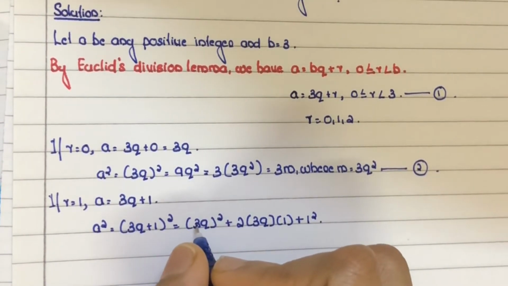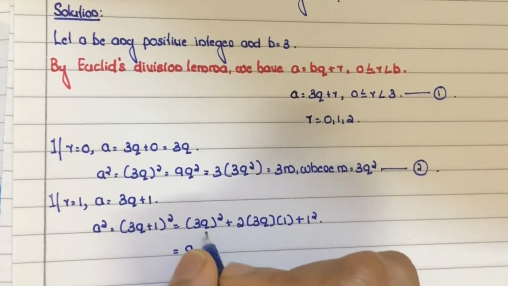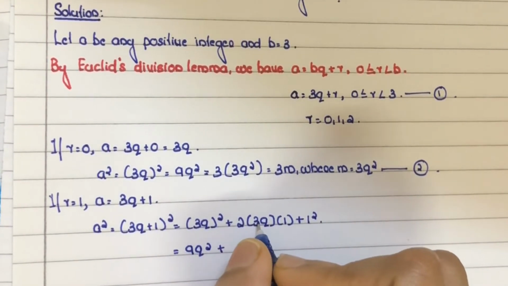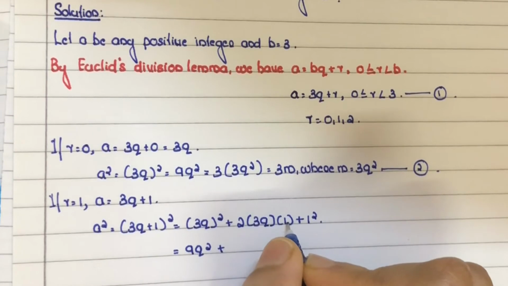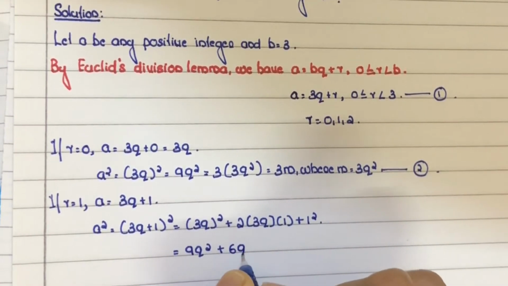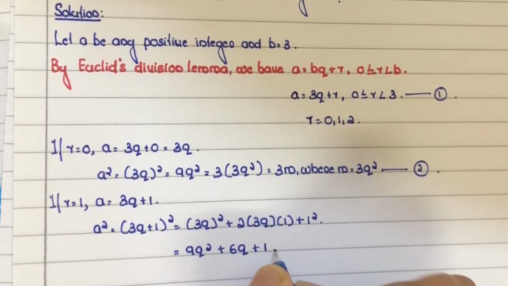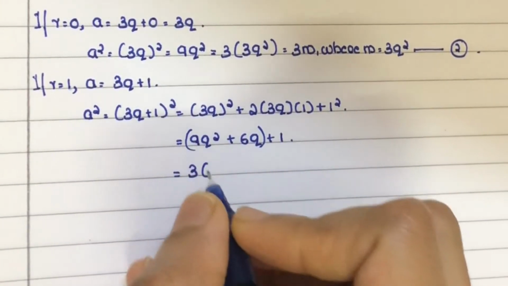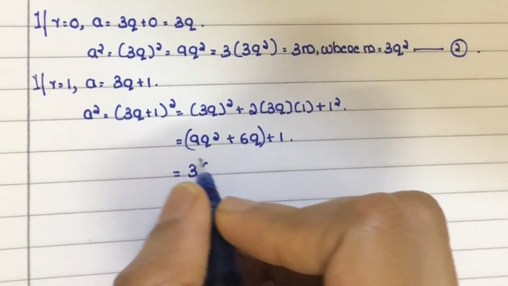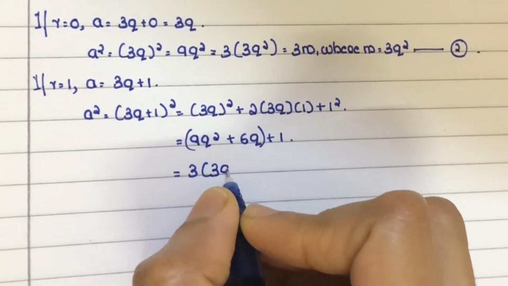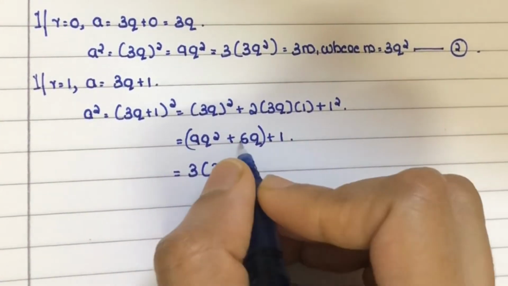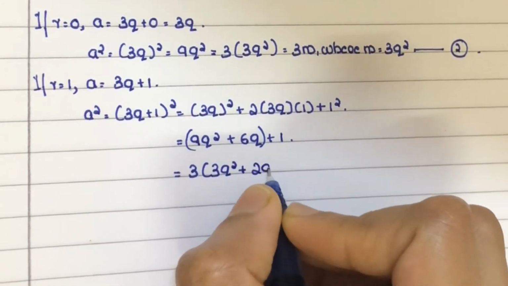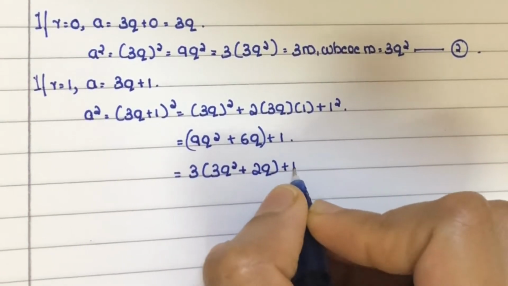equal to 3 into 3, 9, q into q, q square, plus 2 into 3, 6, 6 into 1, 6q, plus 1 square is 1. Here 3 is common, isn't it? So take it out. That is 3 into 3 is 9. So 3q square plus 2 into 3 is 6, so 2q plus 1.